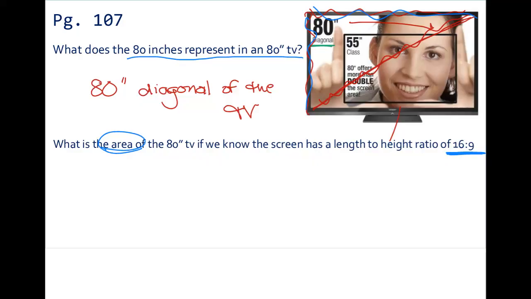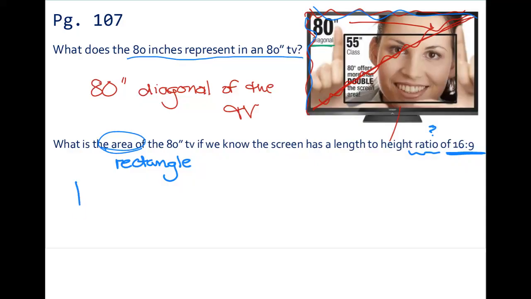First of all, what shape is my 80-inch television in? It's a rectangle. Okay, so we know we're finding a rectangle. And we have a screen with a length to height ratio of 16 to 9.